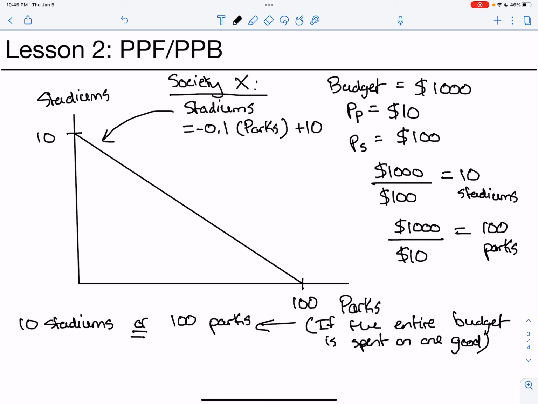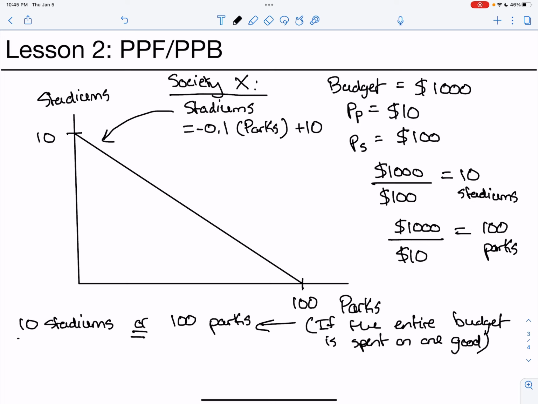But we're interested in how much the society has to give up every time it builds a new stadium, or how much the society has to give up every time it builds a new park. That would be the opportunity cost. Well, in this case, we can easily find one of those two numbers. So what happens if we divide both sides by 10?